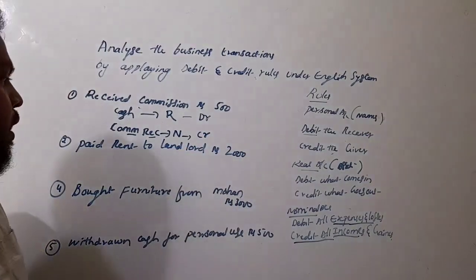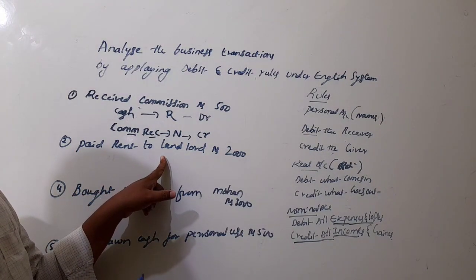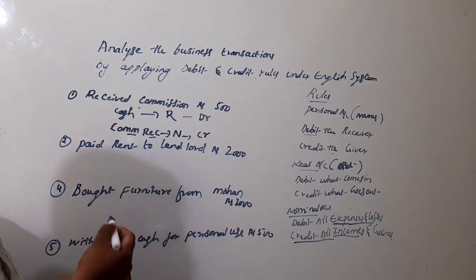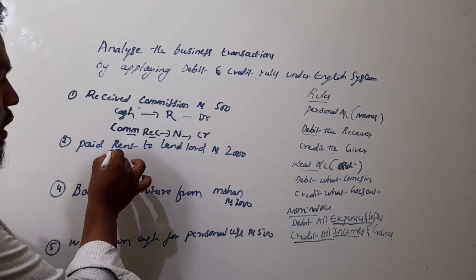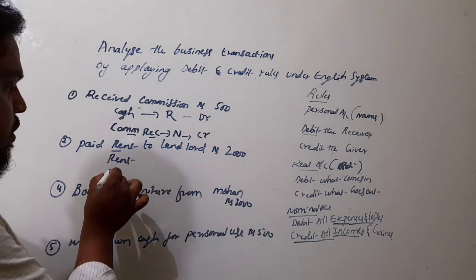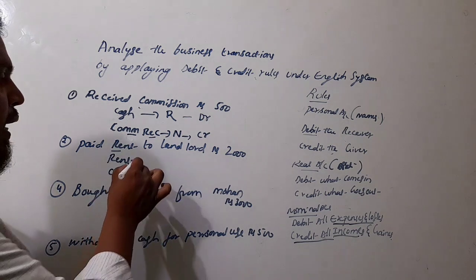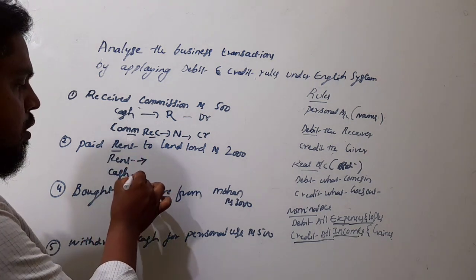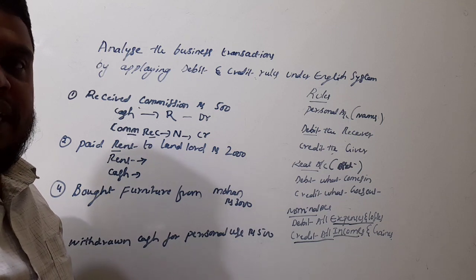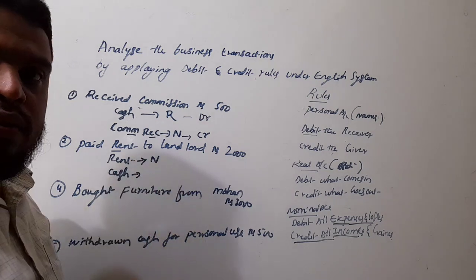Next, paid rent to a landlord, that is, paid rent to the owner. In this transaction, two accounts are involved. First is rent, and paid means cash. Rent, salary, interest, commission paid are all expenses, and expenses come under a nominal account.